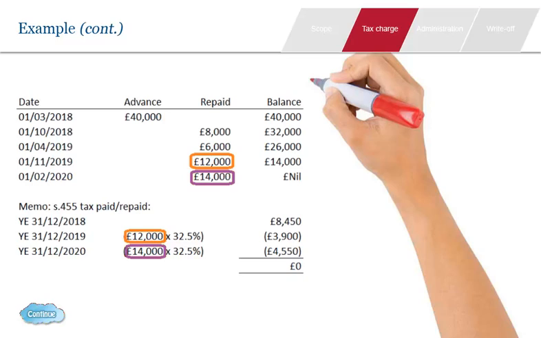So the £14,000 repayment made during the year ended 31st December 2020 gives rise to a refund of Section 455 tax of £4,550. This will be received by the company on or after 1st October 2021, being the due date for that period.